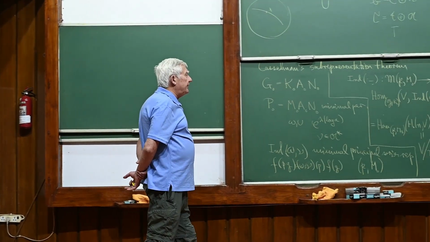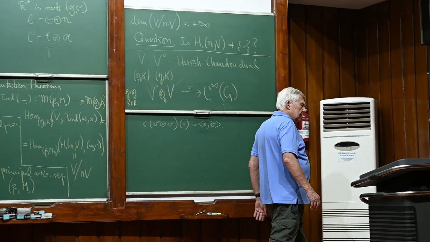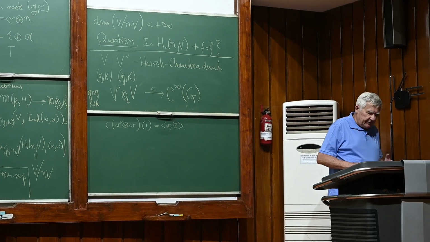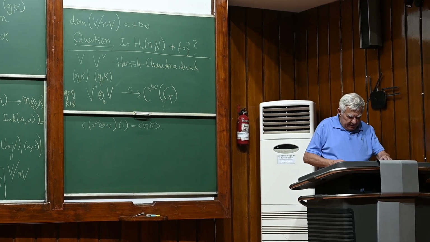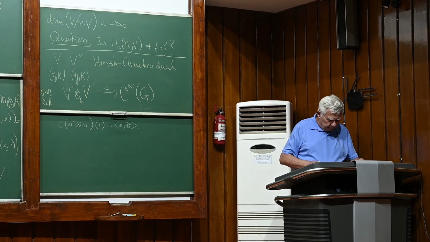So the question is, and if you have matrix coefficients, then of course you can construct the character of the Harish-Chandra module by the standard summation of diagonal terms.